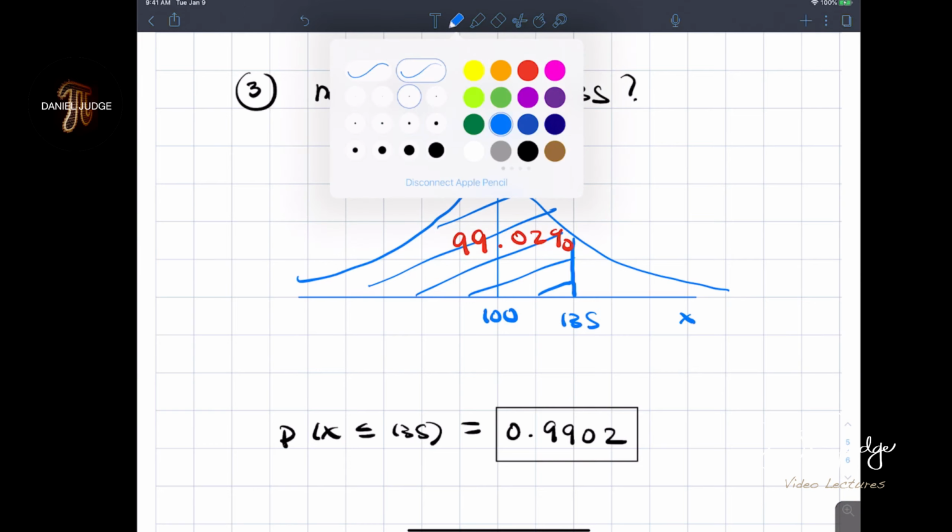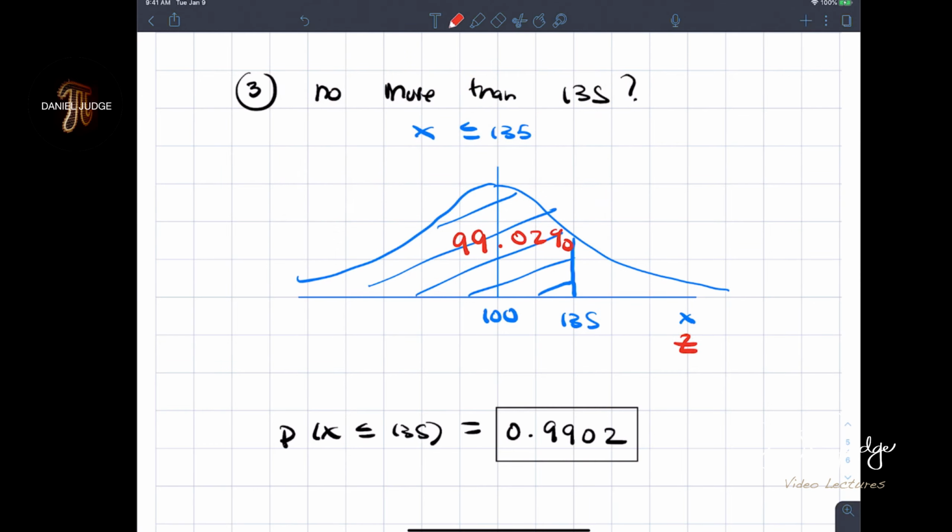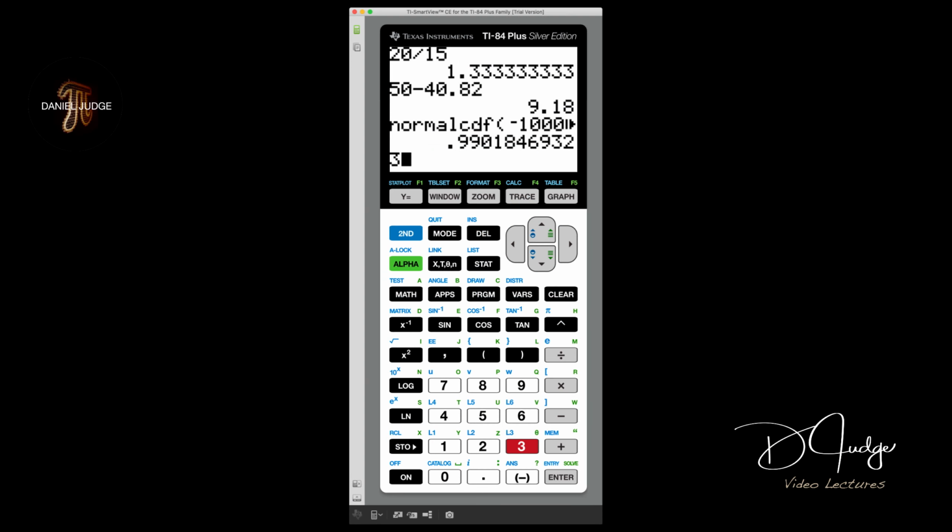You say, don't I have to convert every X value to a Z value? You do. You already know the mean of 100 becomes 0, but you don't know what 135 becomes. So Z will be 135 minus 100 over 15, or Z is 35 over 15. 35 divided by 15, we get 2.33.